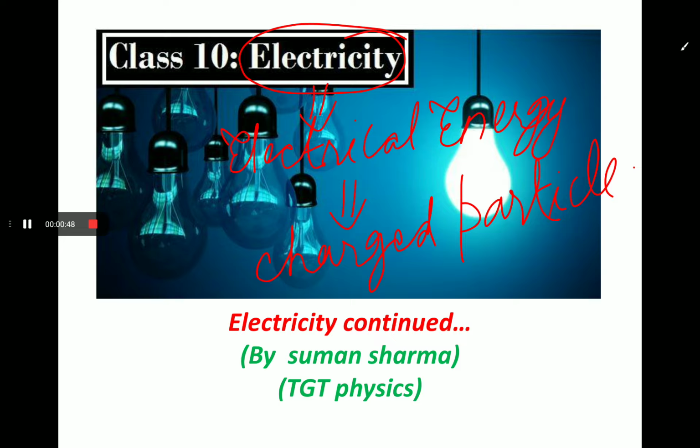So, electricity is simply the transmission of electrical energy through the charged particles. This is the simple statement for electricity.